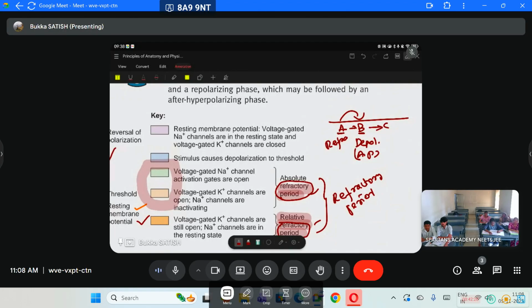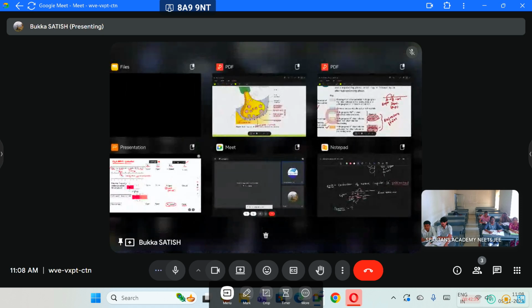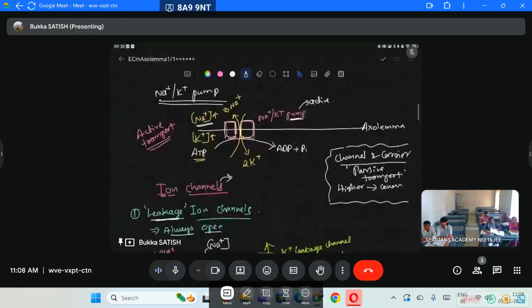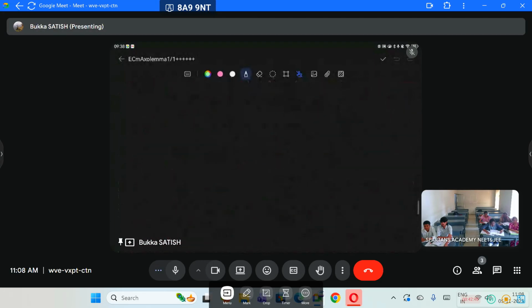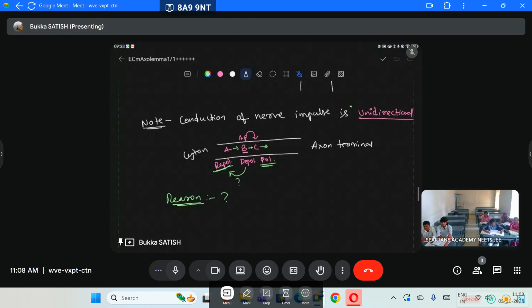If you see the conduction part in very depth, I don't think that this much depth of question will be asked, but still. So what you write here is, why the impulse is conducted in one direction. Reason: refractory period simply. If it is given as an assertion, the reason is the refractory period.